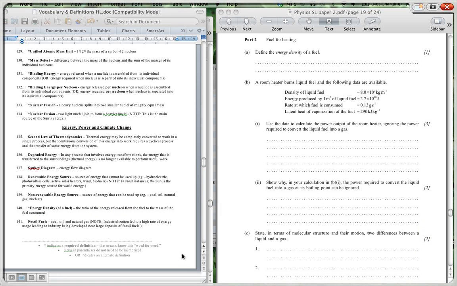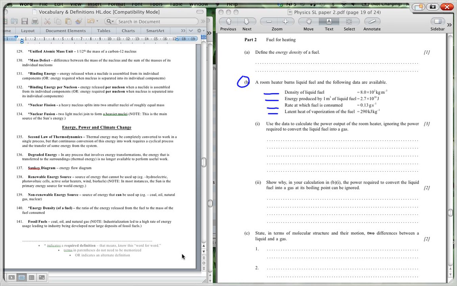Going on to question B, we have the following information. It says a room heater burns liquid fuel and the following data are available. We're given the density of the liquid fuel, the energy produced by 1 meter cubed of liquid fuel, the rate at which the fuel is consumed, 0.13 grams per second, and the latent heat of vaporization, 290 kilojoules per kilogram.